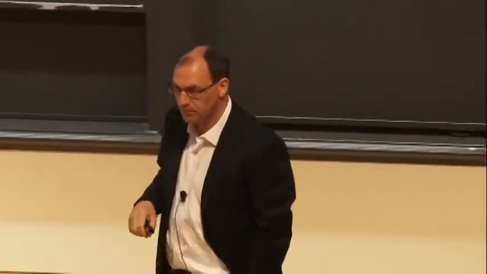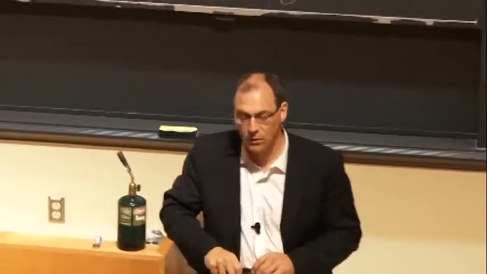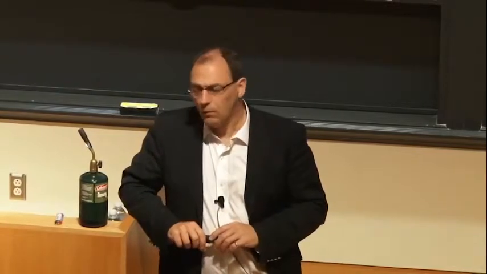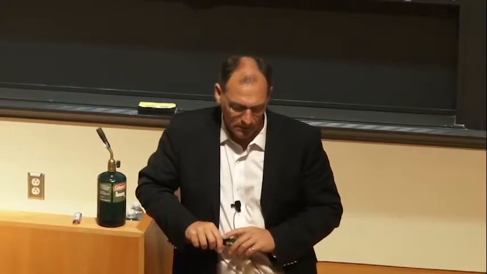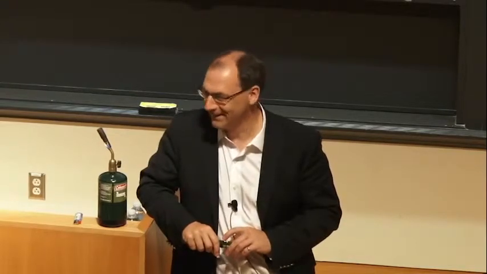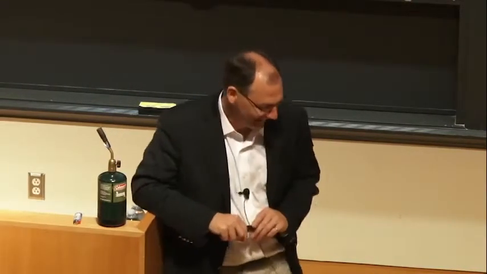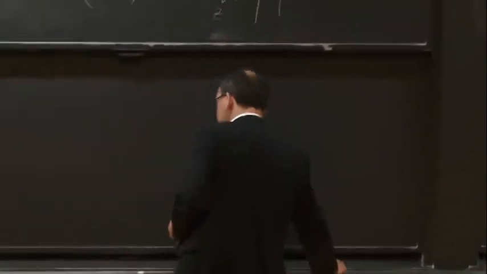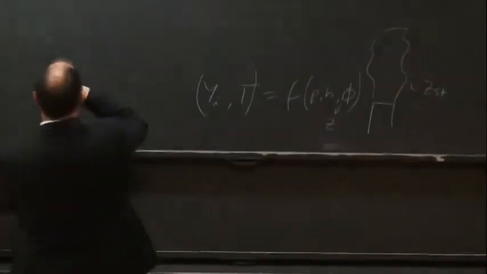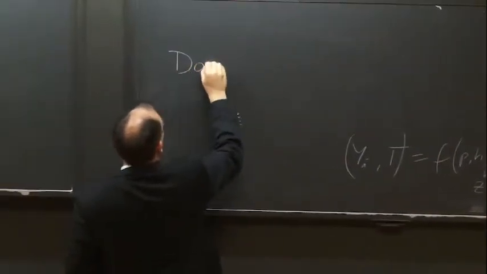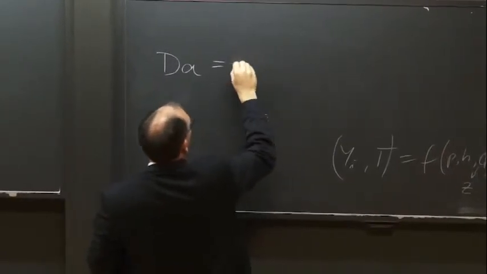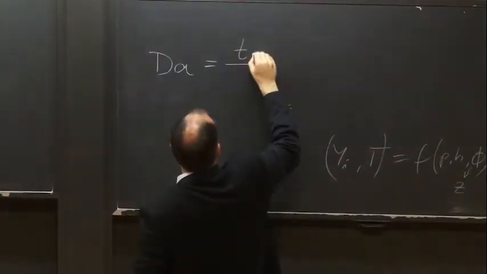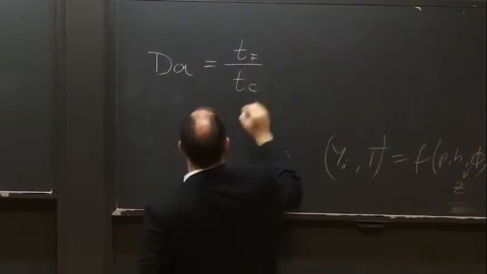So in the limit of fast chemistry, which is to say the scalar dissipation is infinity? No. And I'll tell you why. The Damköhler number, we said, is a ratio of a flow timescale over a chemical timescale.